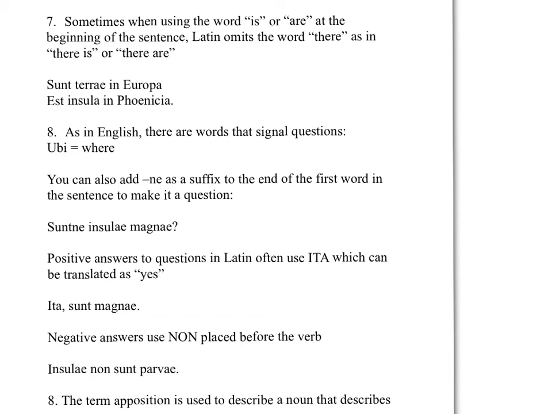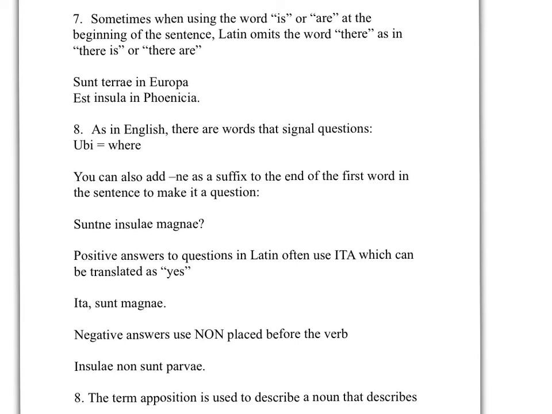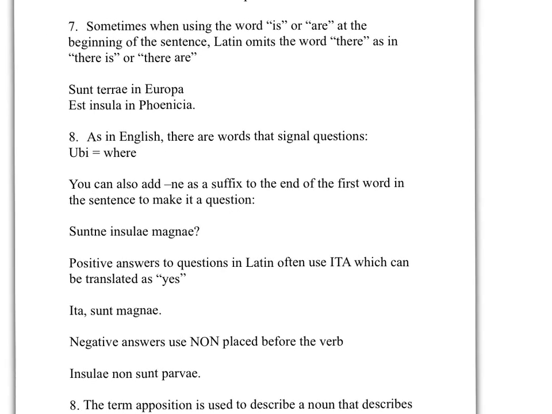The 8th major point of the book is that as in English, there are words that signal questions. For example, the word ubi means where, as in where is the island. The book also points out that you can add the suffix ne to the end of the first word in any sentence to make it into a question.